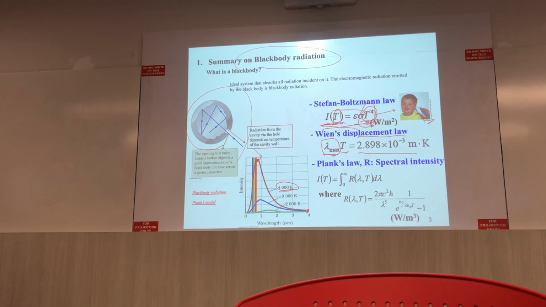Which one are you going to choose for your lambda maximum? What would be the more sensible choice? Peak or longest wavelength? It's going to be the peak wavelength.